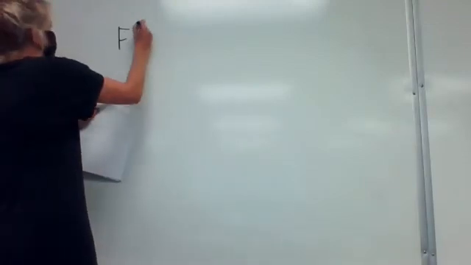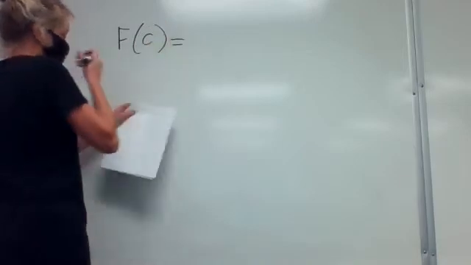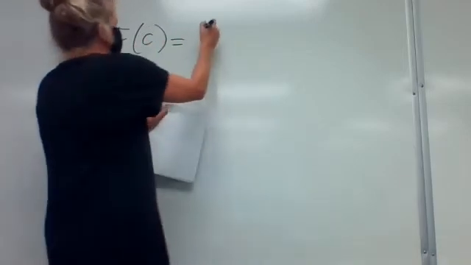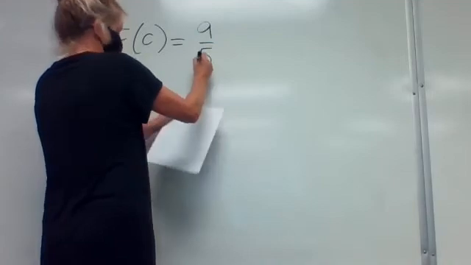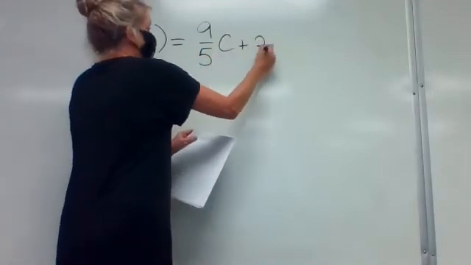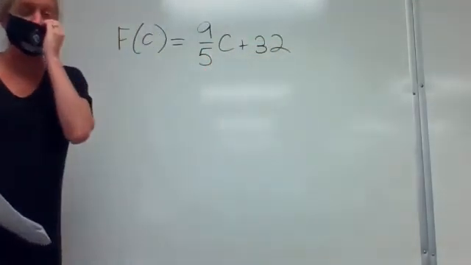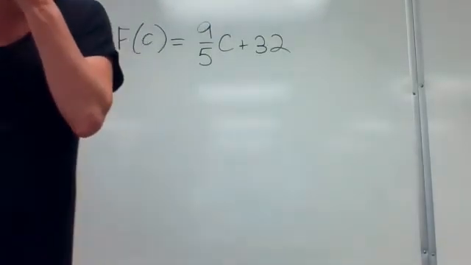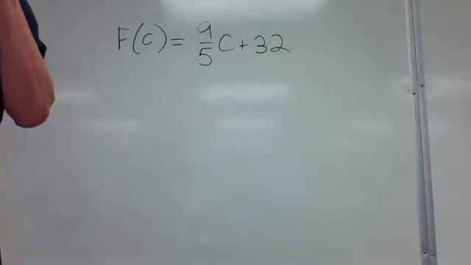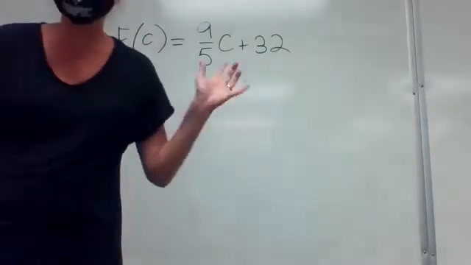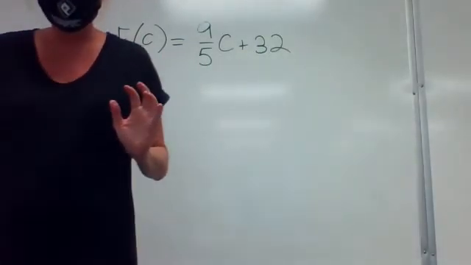So it's going to call it F of C. This is what they use. If somebody tells you what the temperature is in Celsius, that doesn't mean much to people that live in the United States, because we don't use Celsius, we use Fahrenheit.